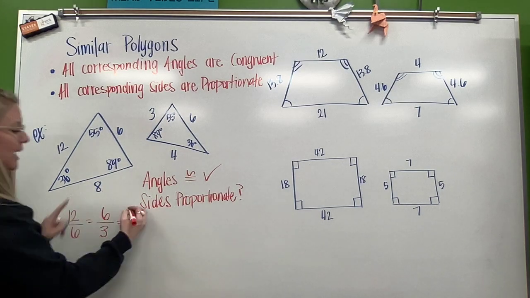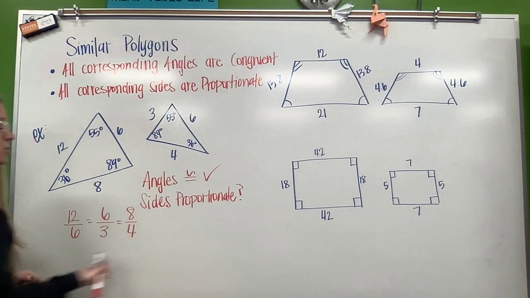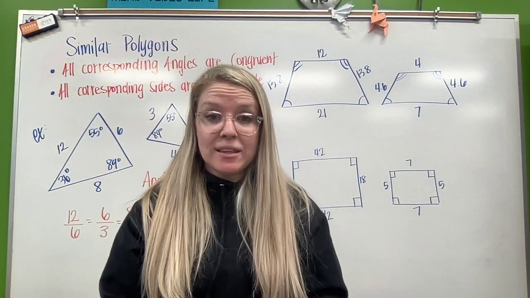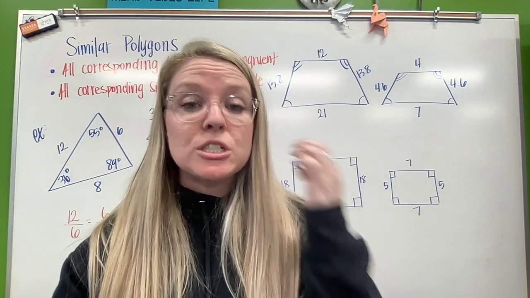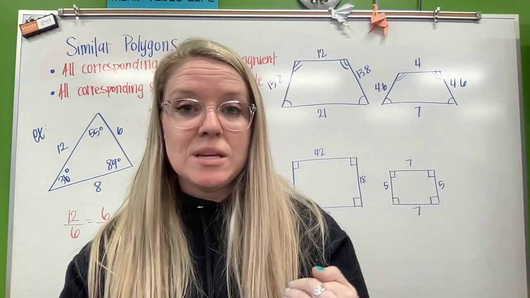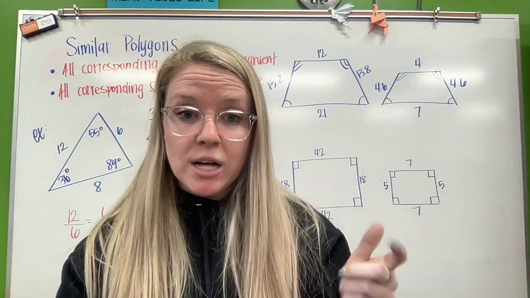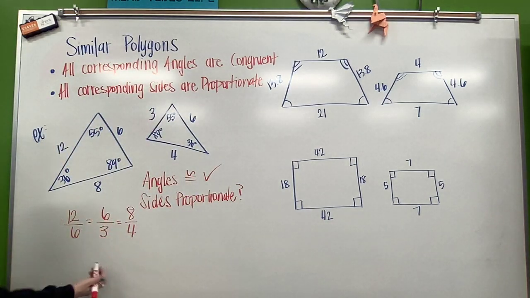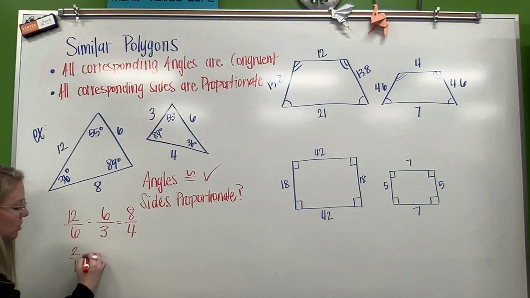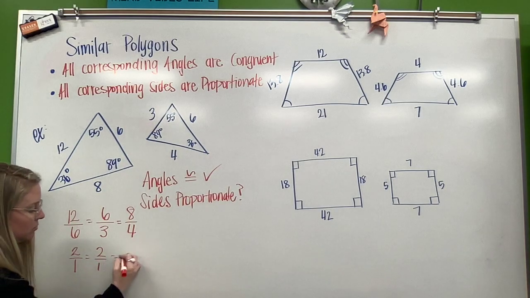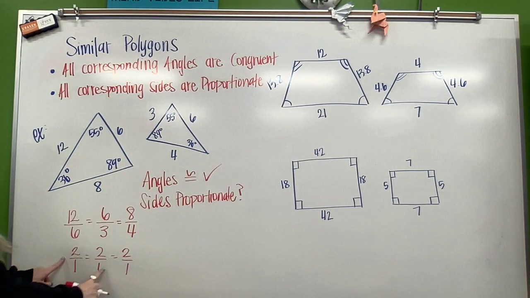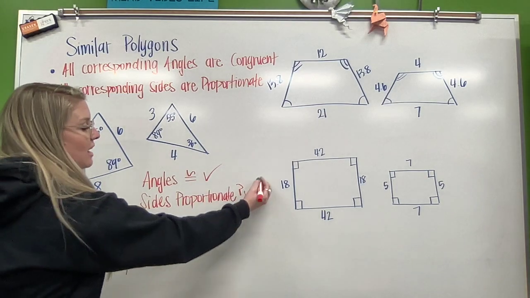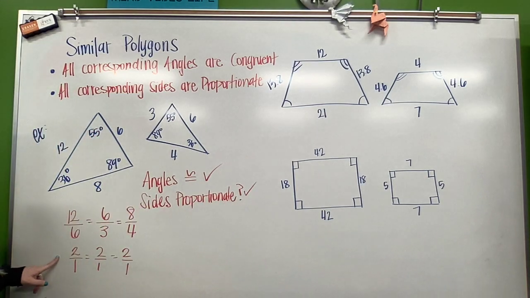And then my last sides are 8 to 4. There are a couple different ways that we can check this. If our fractions are reducible, we could reduce them down, or we could do some cross multiplying. This one's really simple because all of them will reduce to 2 to 1. Since all three of those reduce to the same value, our sides are definitely proportionate.